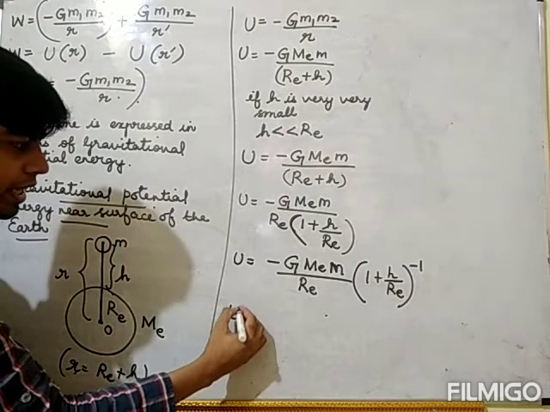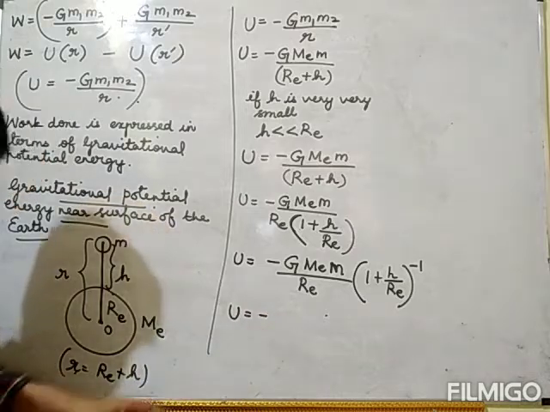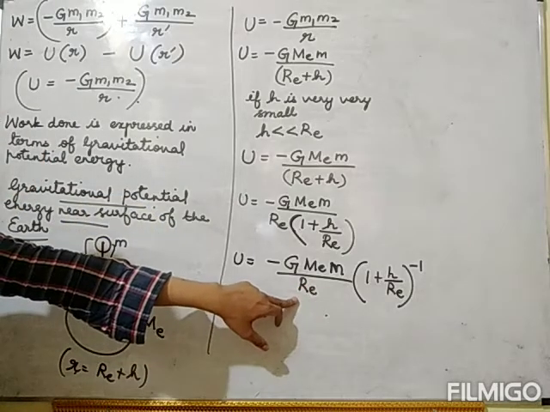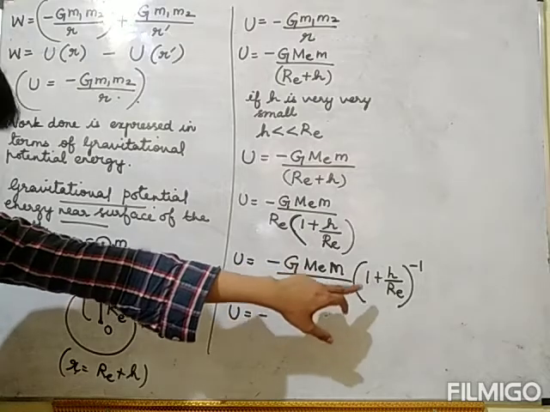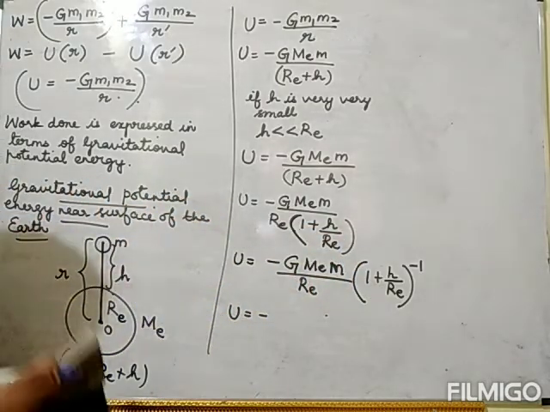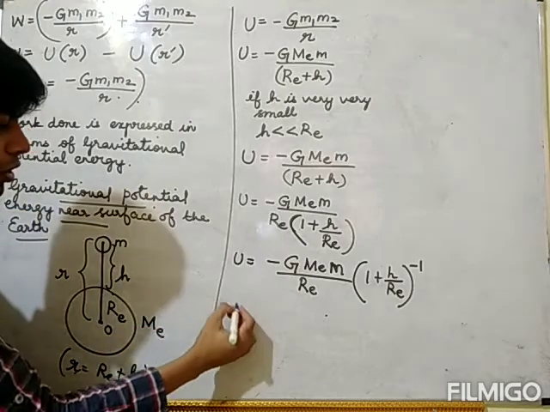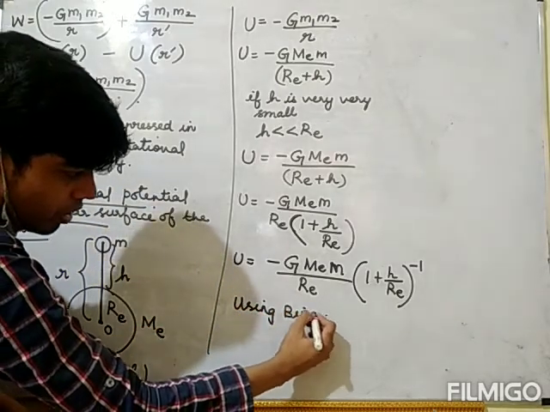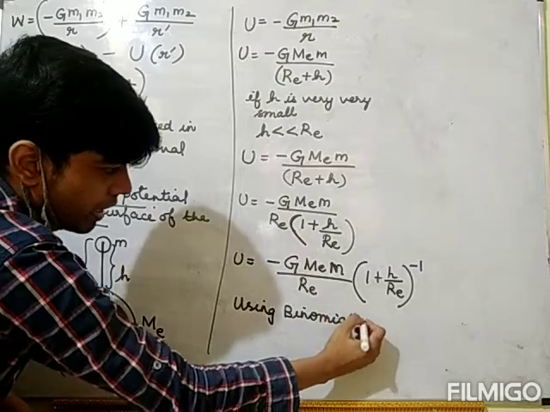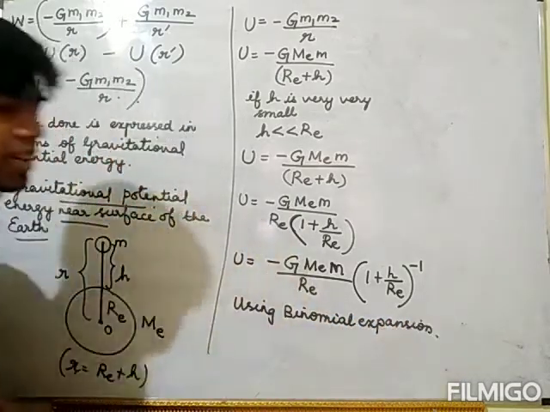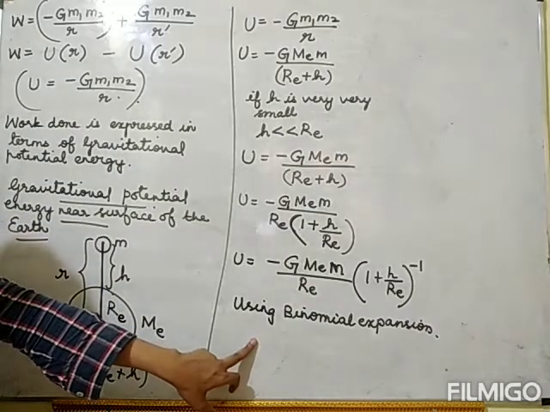So what I will be getting, U is equal to minus G Me into M divided by Re into 1 plus H by Re. Yes. Okay. So now I am going to use binomial expansion. So this binomial expansion you will be studying in maths.